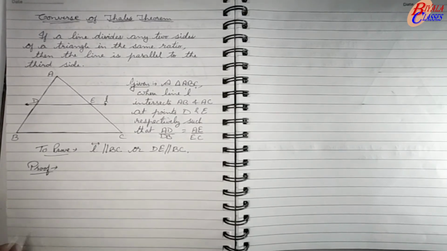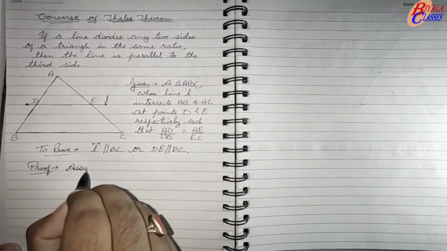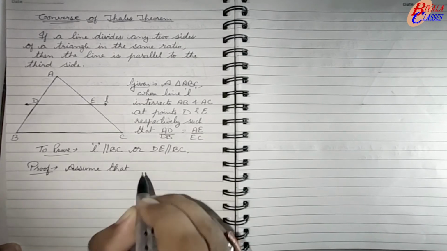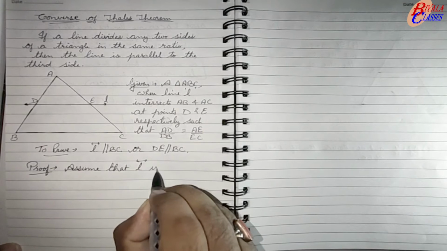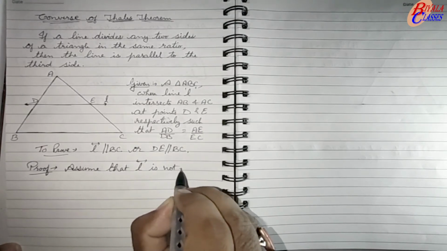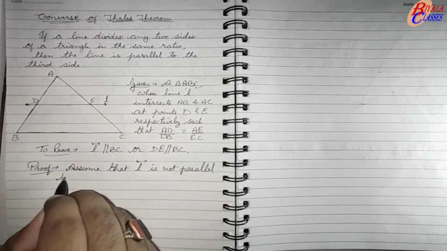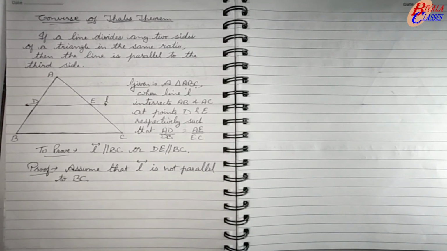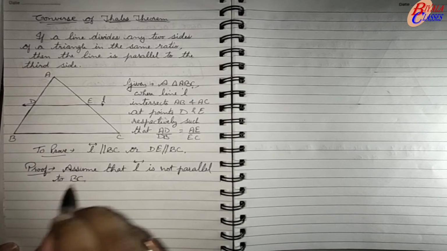Now here what we are going to do is assume that the line L is not parallel to BC. Now if you assume that line L is not parallel to BC, there should be another line which is parallel to BC.